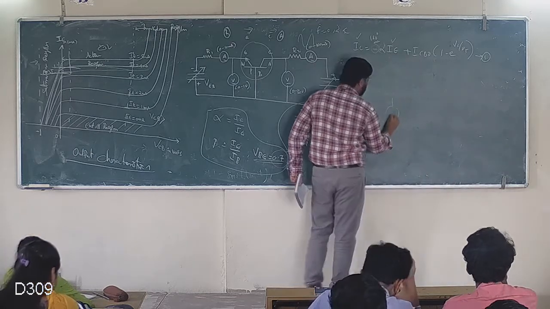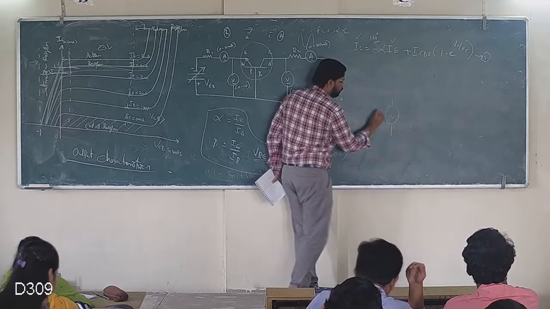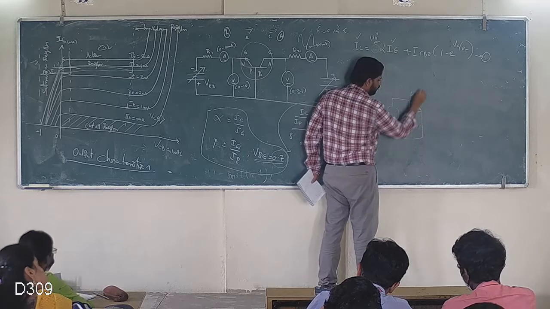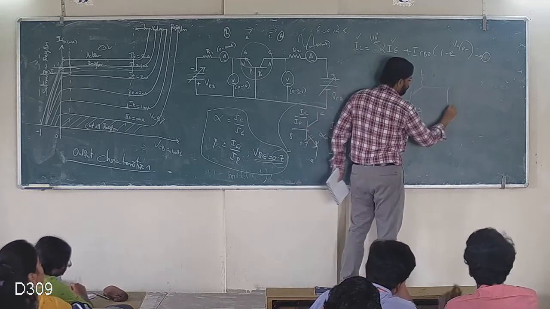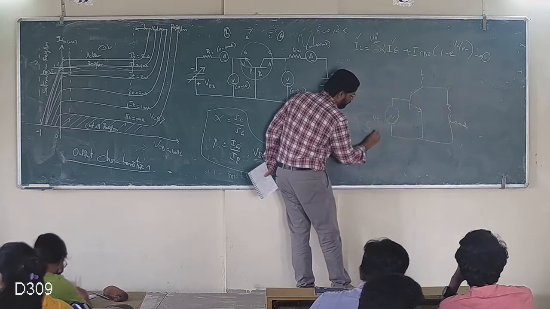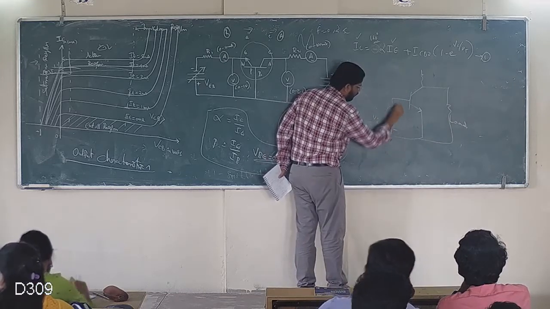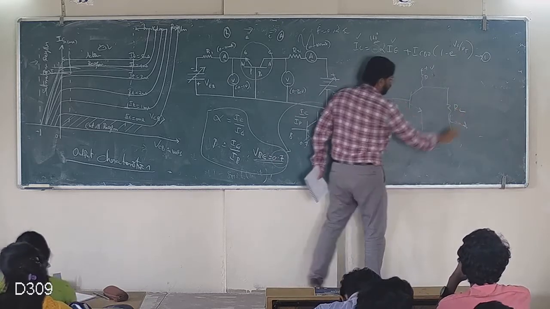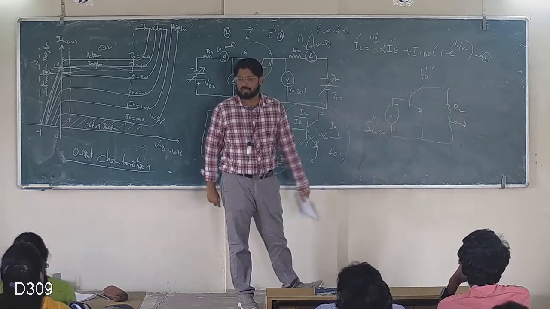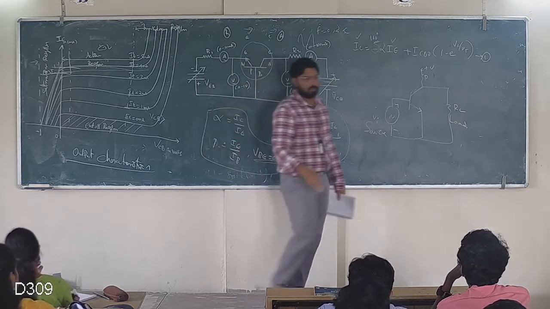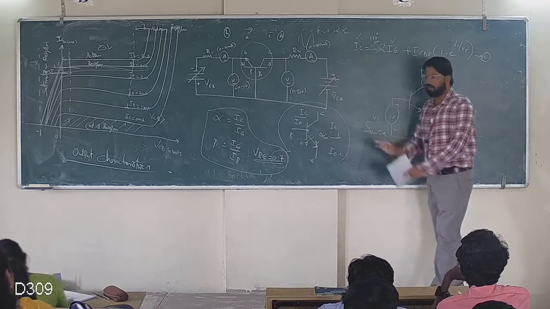There is a weak signal as my input, VI, connected to a common emitter. This is the load and this is my source. For simple understanding, I'll take you through it in detail in a later class while taking analog circuits. This is out of scope, but try to understand.